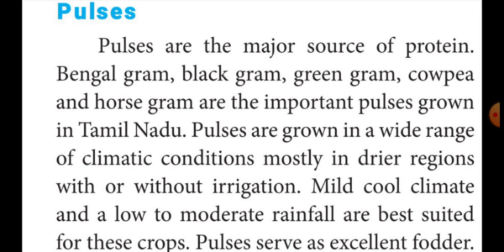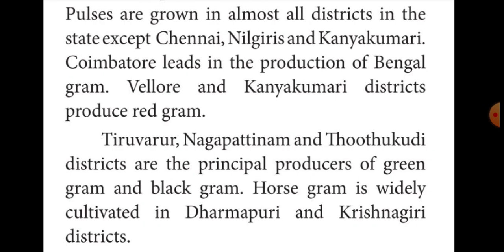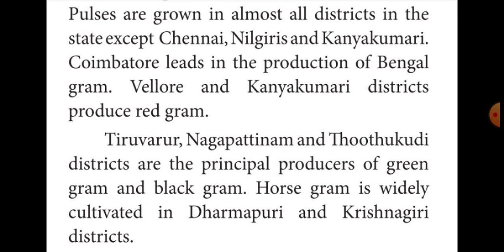Then the pulses are grown in a wide range of climate conditions. Mostly the drier regions, that means without irrigation also, are suitable for cultivating pulses. Also a mild cool climate and low to moderate rainfall are best suited for these pulses.